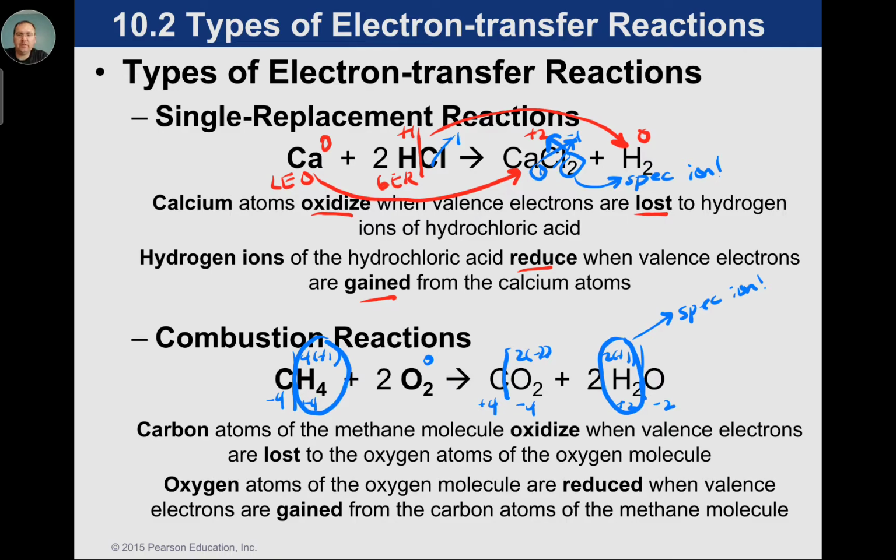But what we do see is carbon was a -4, and now it became a +4. That's a tremendous amount of electrons being transferred. Because you're a -4, you have to lose 4 electrons just to get to 0, and then you have to lose 4 more in order to get to +4. So we lost 8 total electrons. That's a huge oxidation process.